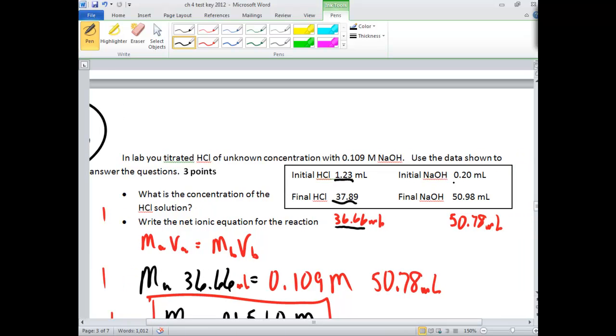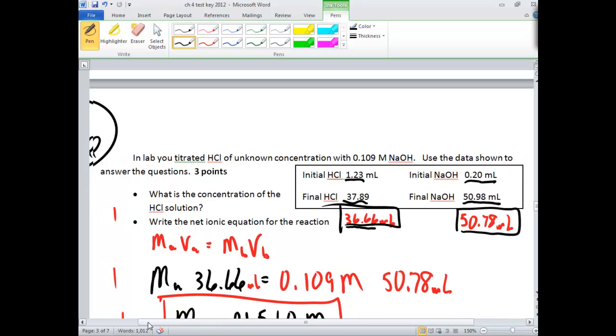And the base, the sodium hydroxide, you started with 0.2, and you titrated or added down to 50.98, so that's a change of 50.78 milliliters. So these are the volumes you'll be working with in your titration equation.